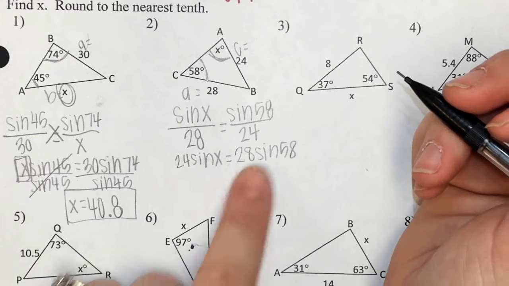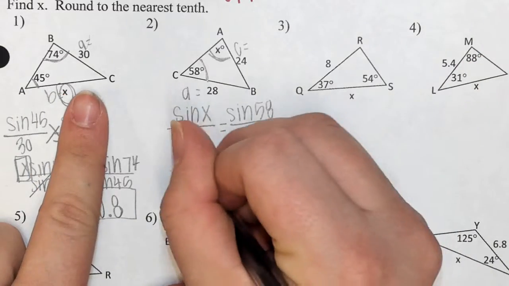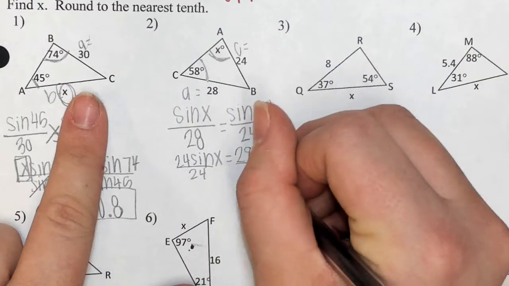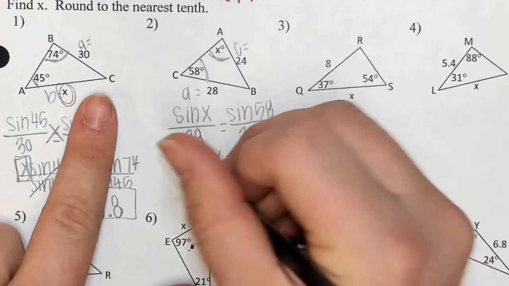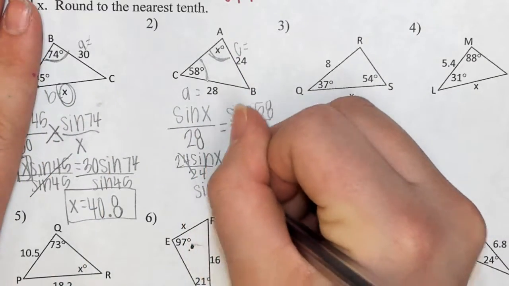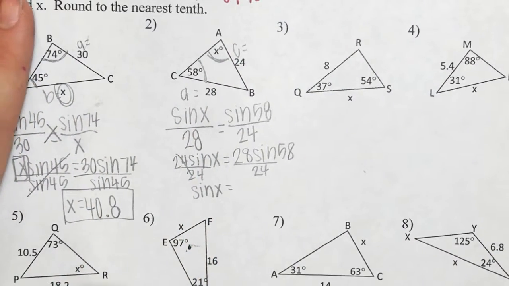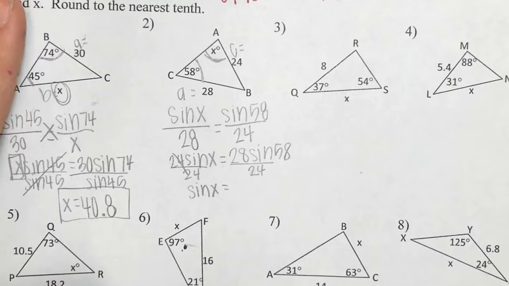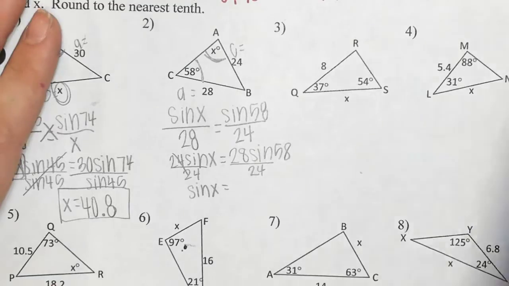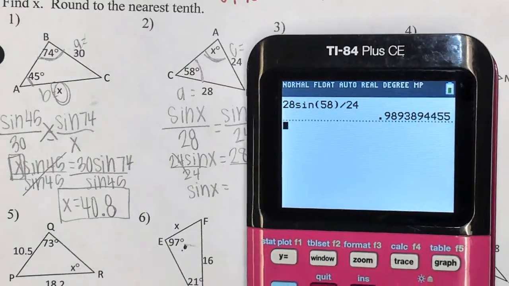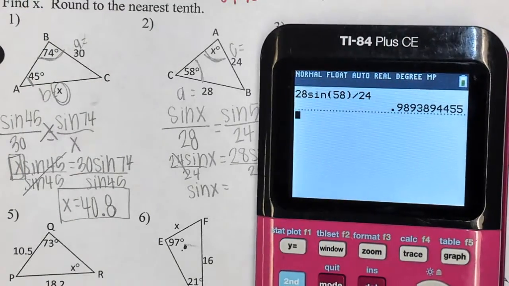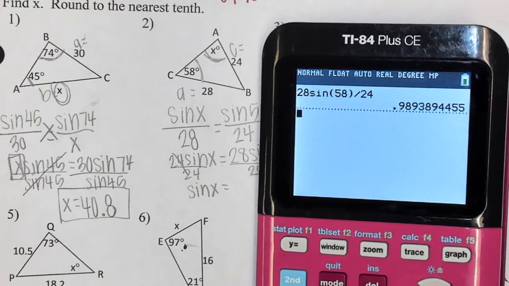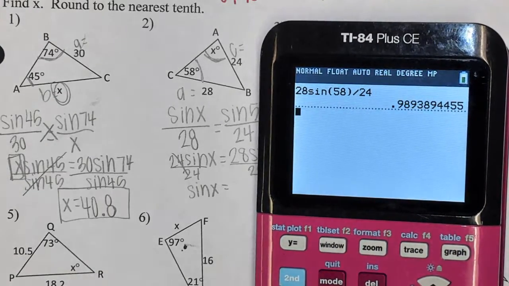But let's go ahead and divide over 24. So I will have sine of x is equal to, and plug that in your calculator, 28 sine 58 divided by 24. Did you get 0.9?